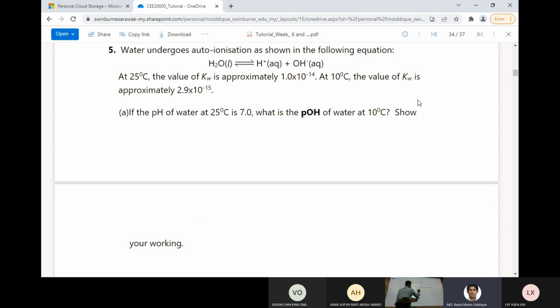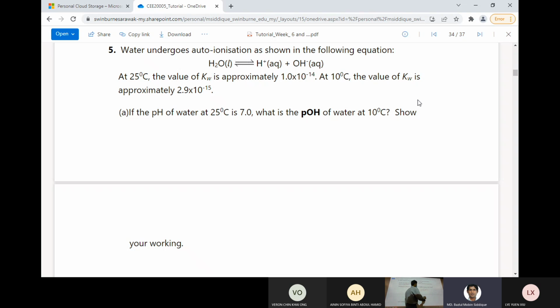We remember that Kw is hydrogen ion concentration times hydroxyl ion concentration, for the simple equation. I'm not writing hydronium ion, right? At any temperature, if the water is not contaminated and doesn't have anything else, it will have the exact same amount of hydrogen and hydroxyl ion, right?